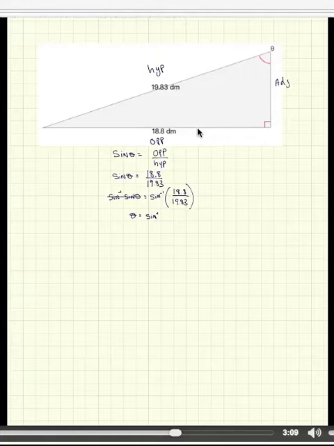On some calculators this is a sine to the power of negative 1, of 18.8 divided by 19.83, like that.